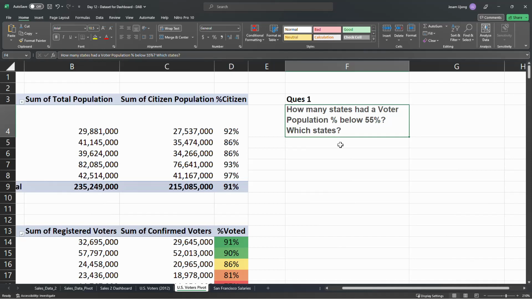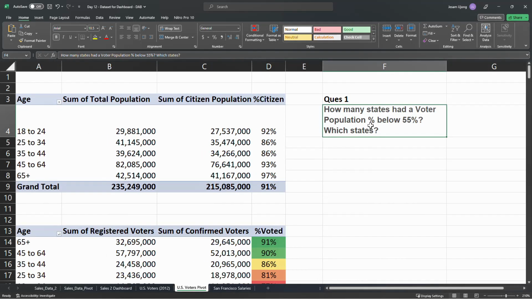So here's the first question. How many states had a voter population percentage below 55%, and what were the states? So this is in comparison with the overall population, right?